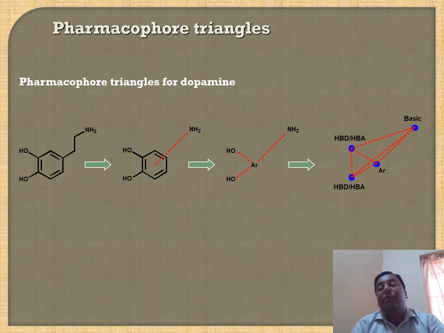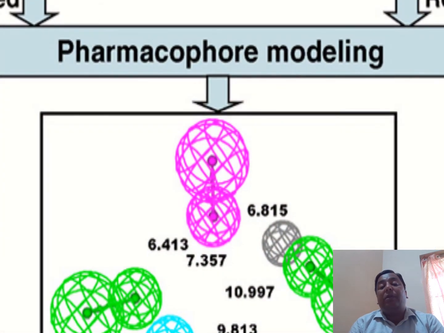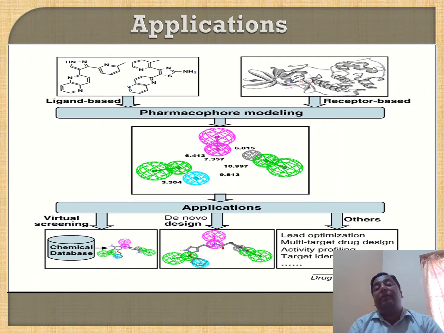Then only can compounds be taken as anti-cancerous drugs: hydrogen bond donor acceptors, hydrogen bond donor atoms, an aromatic ring, and one basic atom also should be there.